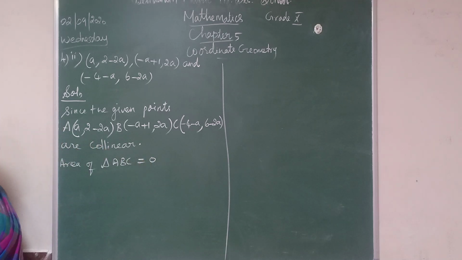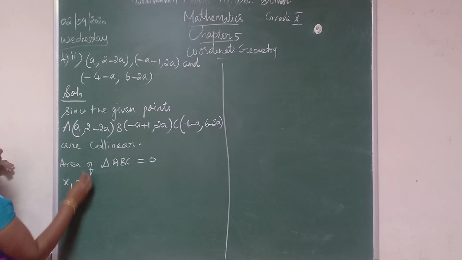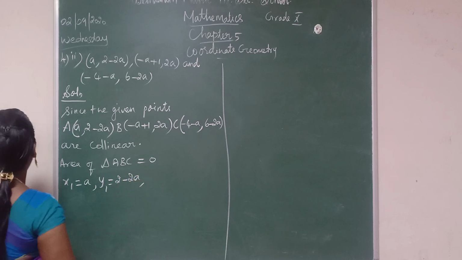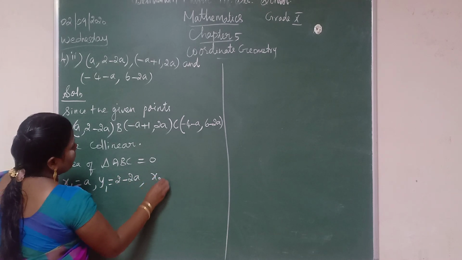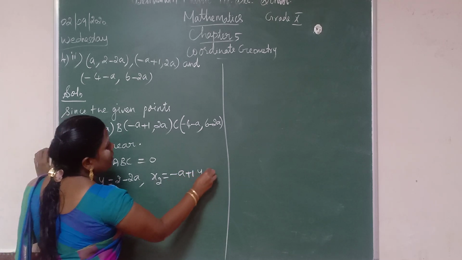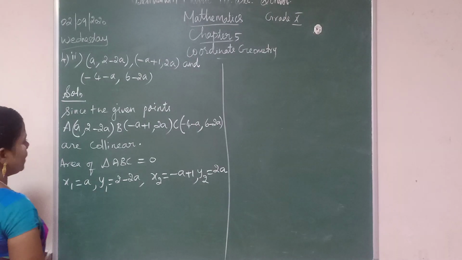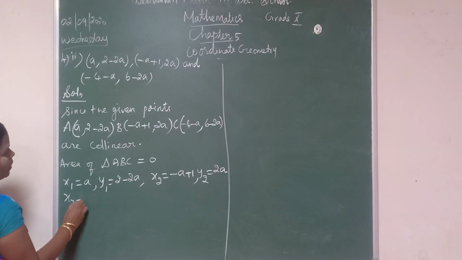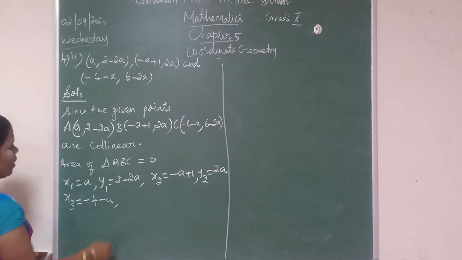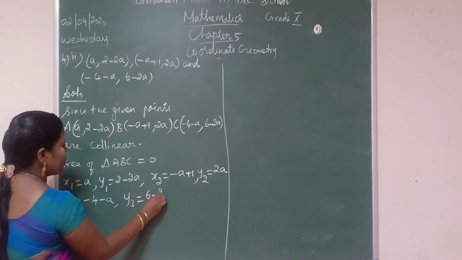Here what is x1? What is y1? Let's write. So x1 is equal to a, y1 is equal to 2 minus 2a, x2 is equal to minus a plus 1, y2 is equal to 2a. Then x3 is equal to minus 4 minus a, y3 is equal to 6 minus 2a.